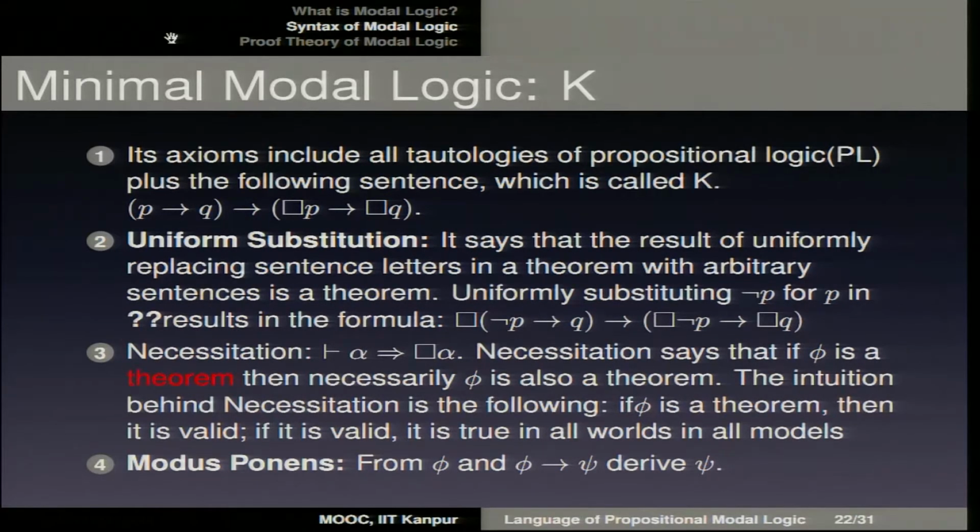So, its axioms include all the tautologies of propositional logic, which are intact, plus we have the distribution axiom, necessity of P implies Q implies necessity of P implies necessity of Q, and we have uniform substitution rules.